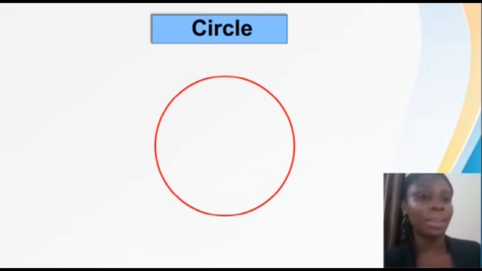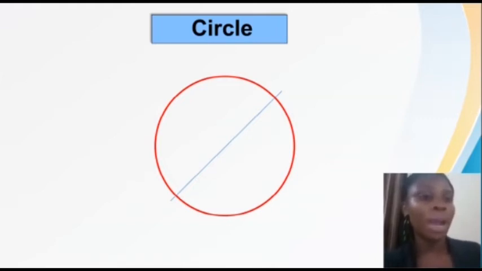We have a circle. Circle is also a basic shape. How many lines of symmetry do we have on a circle? If I cut it this way, I have 2 equal halves. This is a line of symmetry. If I cut it this way, another line of symmetry. This way, you can see I'm going diagonally now.